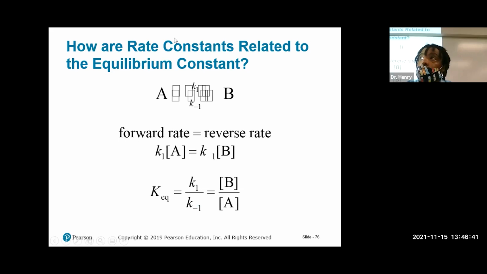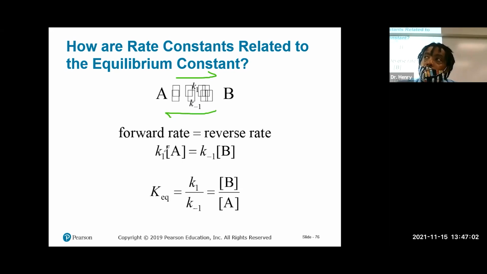So this is all screwed up, but this is supposed to be an equation going in both directions: this direction and that direction.